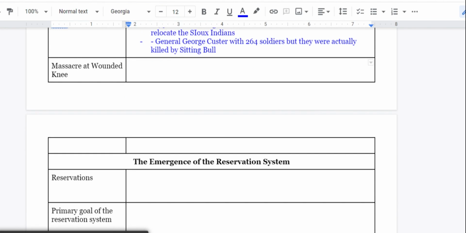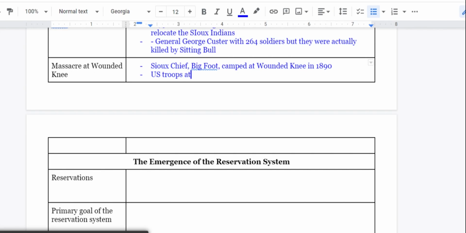Another major battle is the massacre at Wounded Knee. The Sioux chief, Bigfoot, camped at Wounded Knee in the Dakotas in 1890.